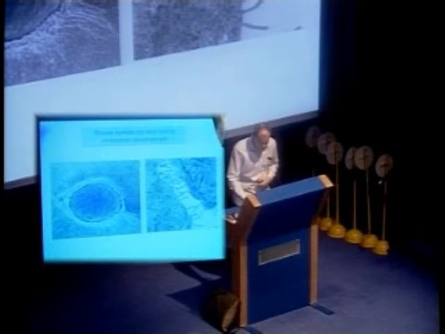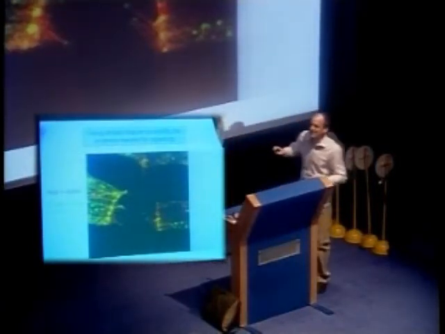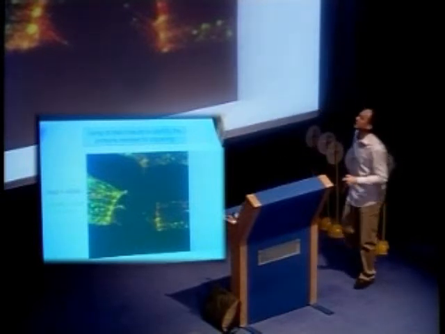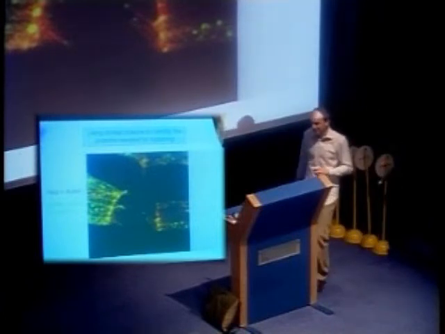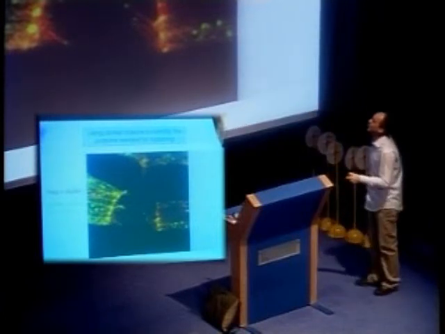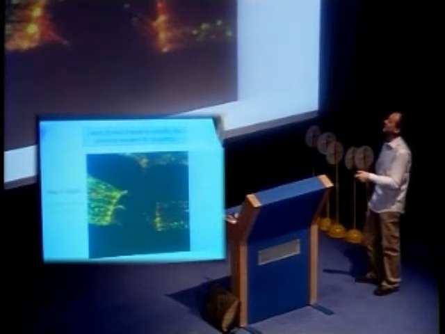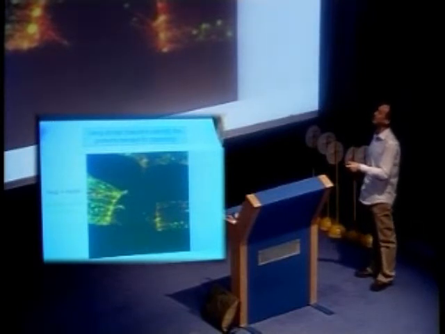So what's really nice about looking at this in fly is that we can really start to get to grips with what the machinery is that is controlling this fusion process. And this is where using two different colours of fluorescent protein comes in. So now I've labelled one protein in red, and this nicely labels these needle-like projections, and another one in green. This protein in green is a protein called ENA.